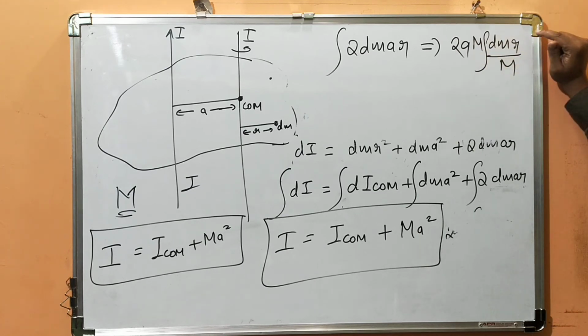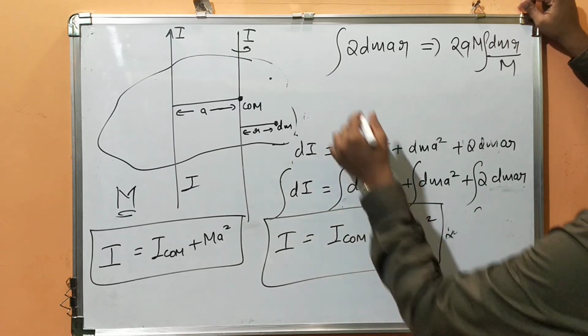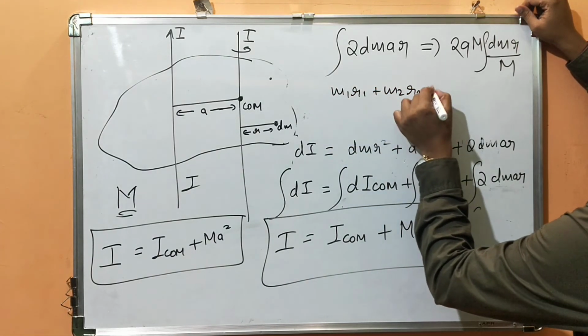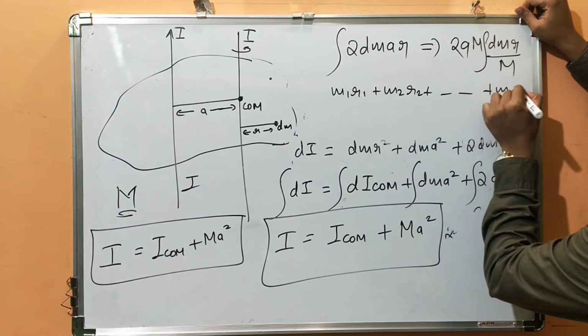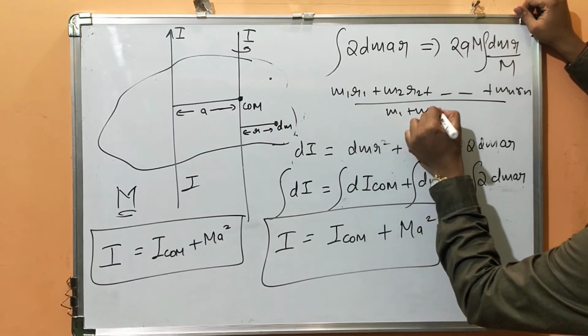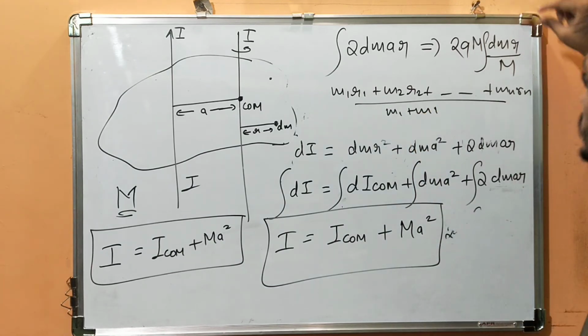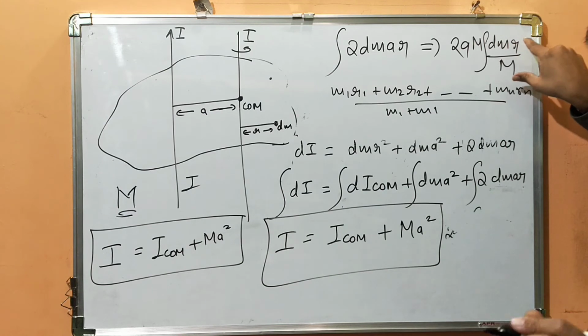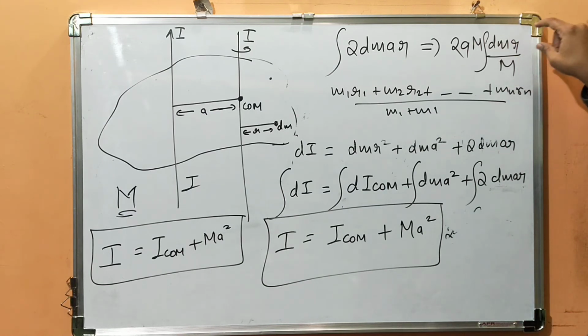Once I divide and multiply m, is it not the formula for center of mass? As I told you, it is m1 r1 plus m2 r2 plus so on up to mn rn, divided by total mass m1 plus m2 plus m3 and so on. So look here, it is integration of dm r: dm r1, dm r2, dm r3 and so on.